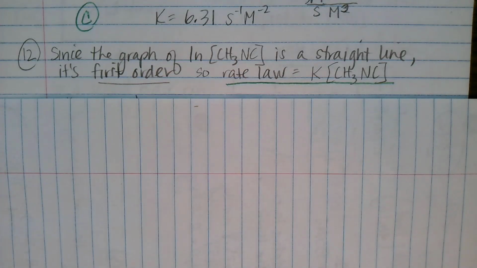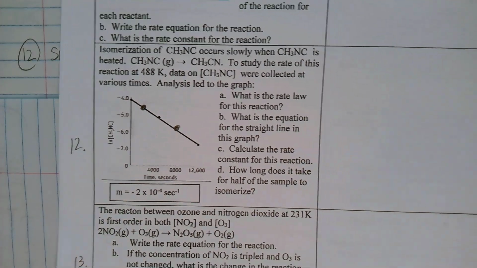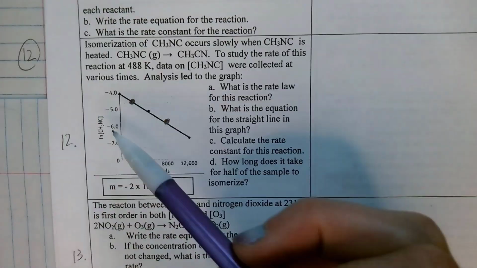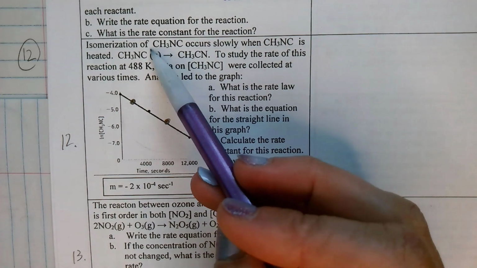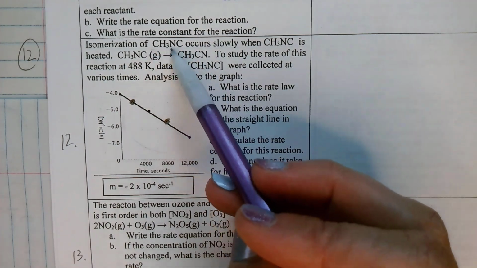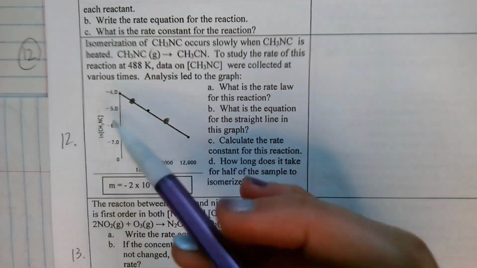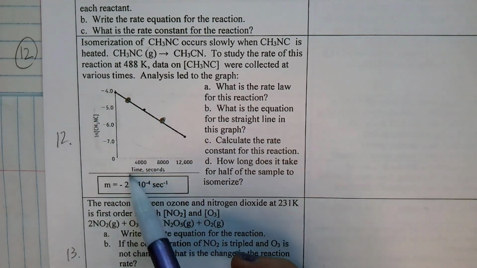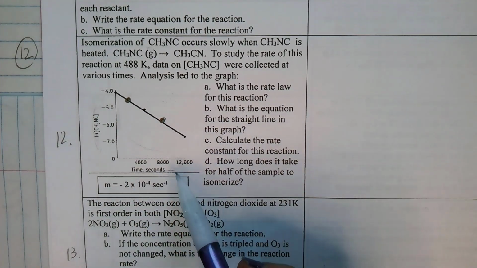All right, let's look at number 12. We are given this graph, natural log of CH3NC, and that's my y-axis, and time is my x.